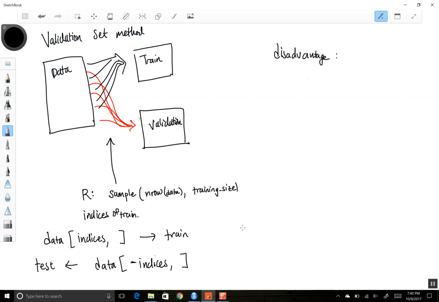Okay, so the disadvantage is you're either missing lots of data in the training, or a lot depends on the rows that go into your validation set.